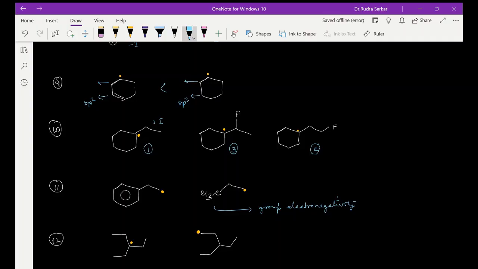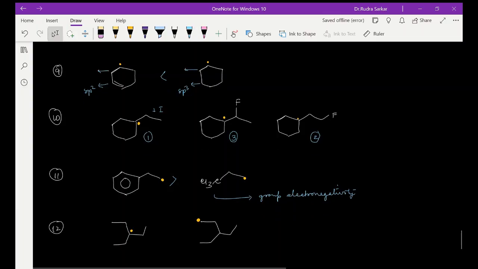So as a group, CCl3 is more electron withdrawing than the phenyl, and so we will say the first one will be more stable than the last. Again, out here we can see donation happens from 3 such carbons, whereas here only from 1 carbon. So the first will be more stable than the other.